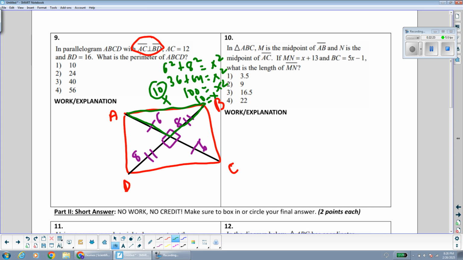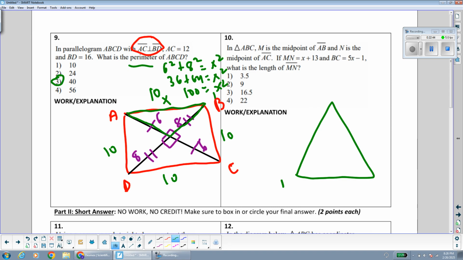That worked out nicely. And remember, a rhombus has 4 equal sides. Don't pick 10. I shouldn't have circled it. 10 is one side. And notice how it's an answer choice. They always do that to get you. There are 4 equal sides, making the perimeter 40. Read the questions carefully.